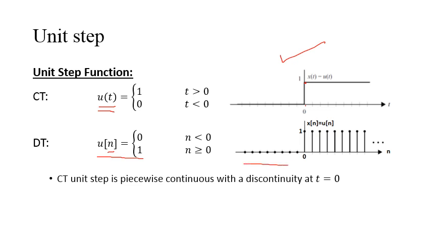So here is how it is plotted, right? For 0 it has value 1, for 1 and up to infinity it has value of 1, right? For less than 0, in case of discrete time signal, you understand less than 0 means -1, -2, -3, and so on, for these values the step function is basically 0.